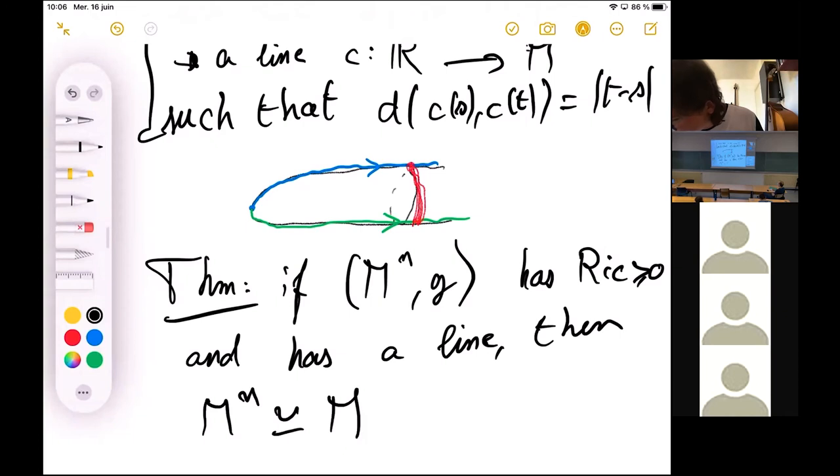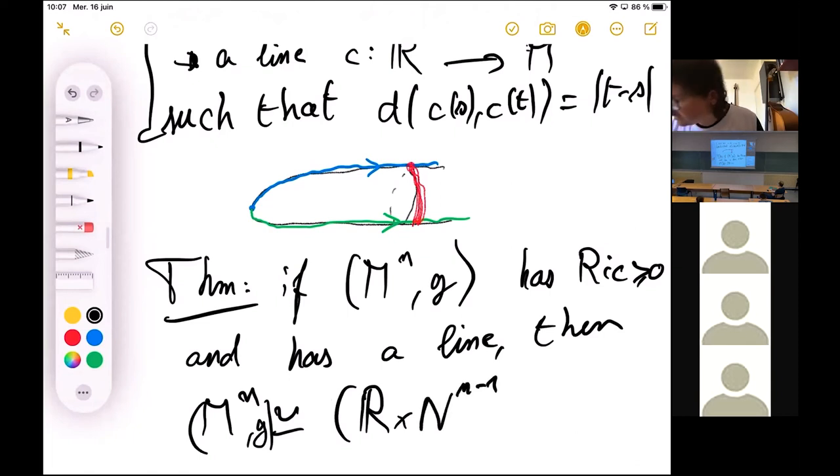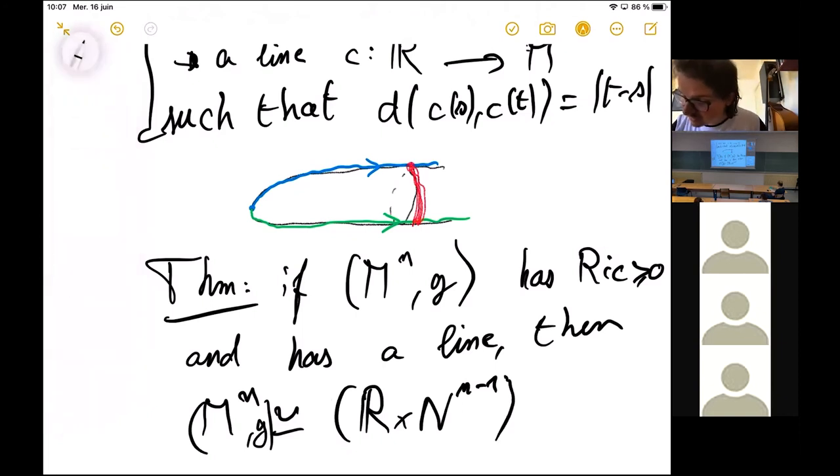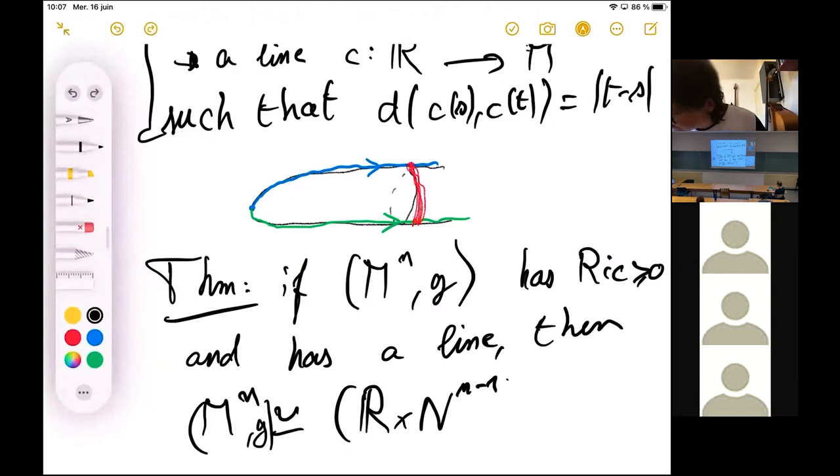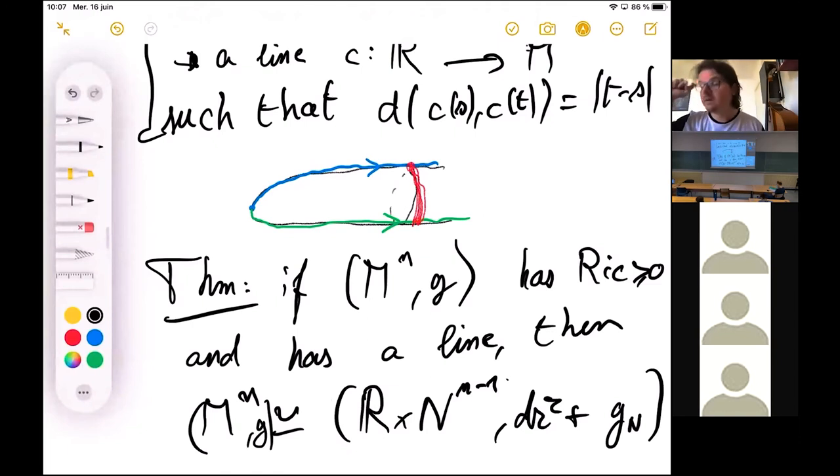So M^n is diffeomorphic to some lower dimensional, or maybe I'll put the R factor in front, R times N^(n-1), with a product metric dr squared plus, let's call that g_N. And N has non-negative Ricci curvature too.